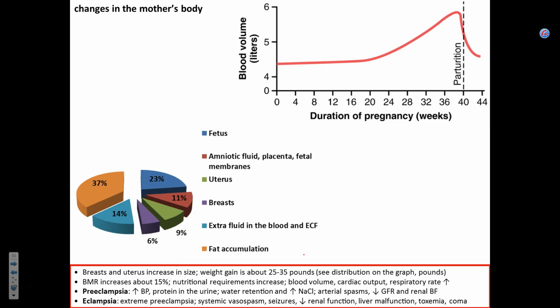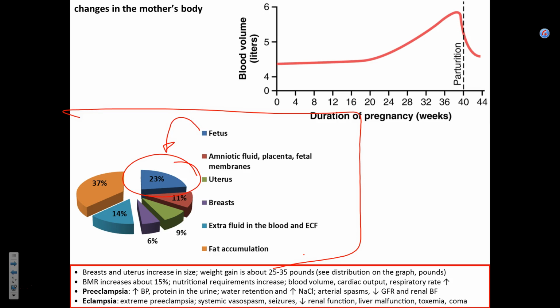Now, we were talking about the fetus mostly. Let's talk about mom. A pregnant woman will gain some weight due to the increased size of breasts, increased size of uterus, and of course the fetus. If you look at this graph, the fetus contributes about a quarter.